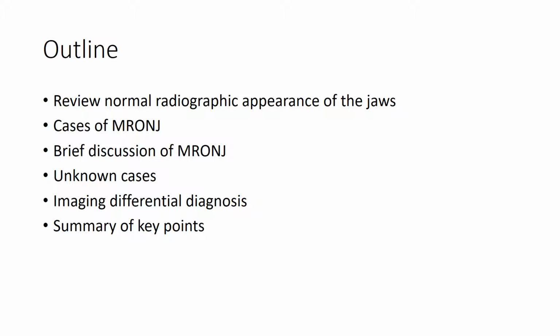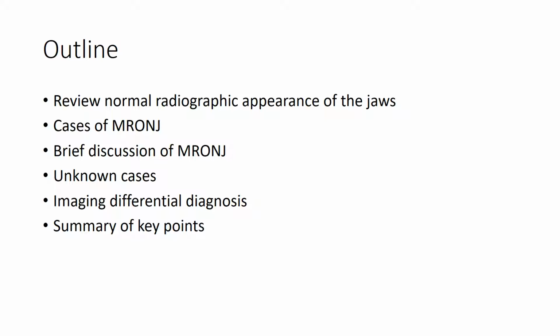In this lecture, I'll start off by reviewing the normal radiographic appearance of the jaws, and then I'll go right into cases. I have 2 cases of medication-related osteonecrosis. I'll briefly discuss medication-related osteonecrosis and review its etiology and pathophysiology.